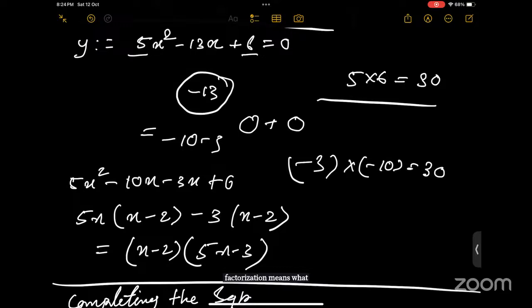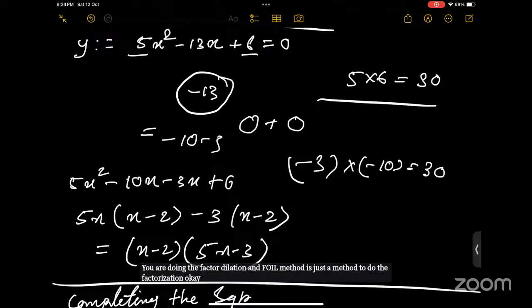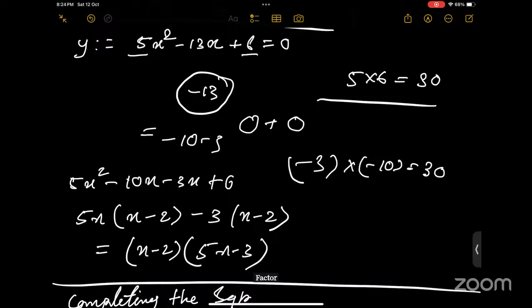You have something, you are doing the factorization, and FOIL method is just a method to do the factorization. Okay. Factorization is not a process. Factorization is a final result. We want to do the factorization, right? Using the FOIL method. Okay.